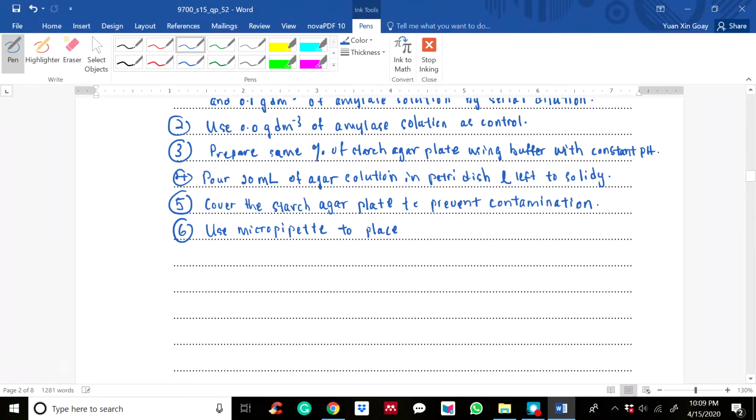So use the micropipette to place, let's say, 500. You can just write same volume or a fixed volume like this, 500 microliter of amylase in each well.